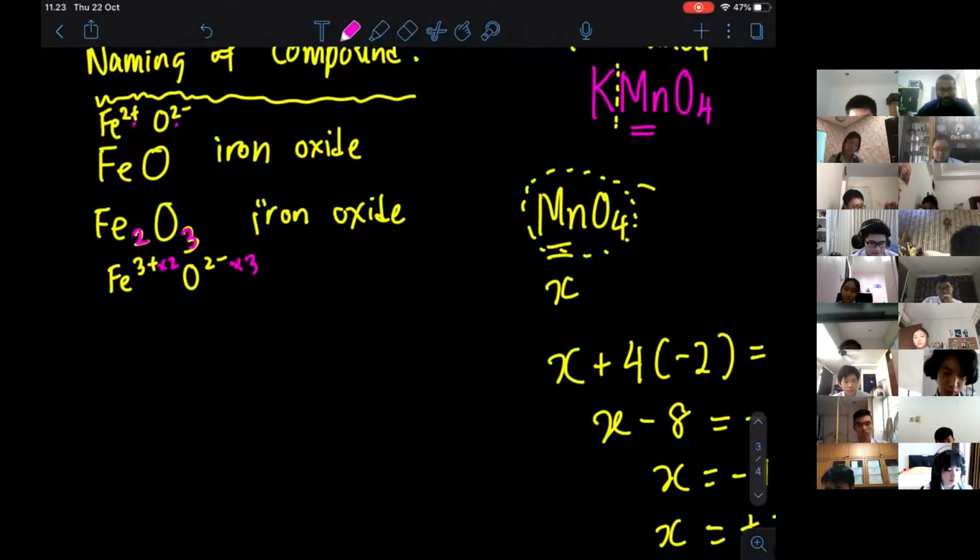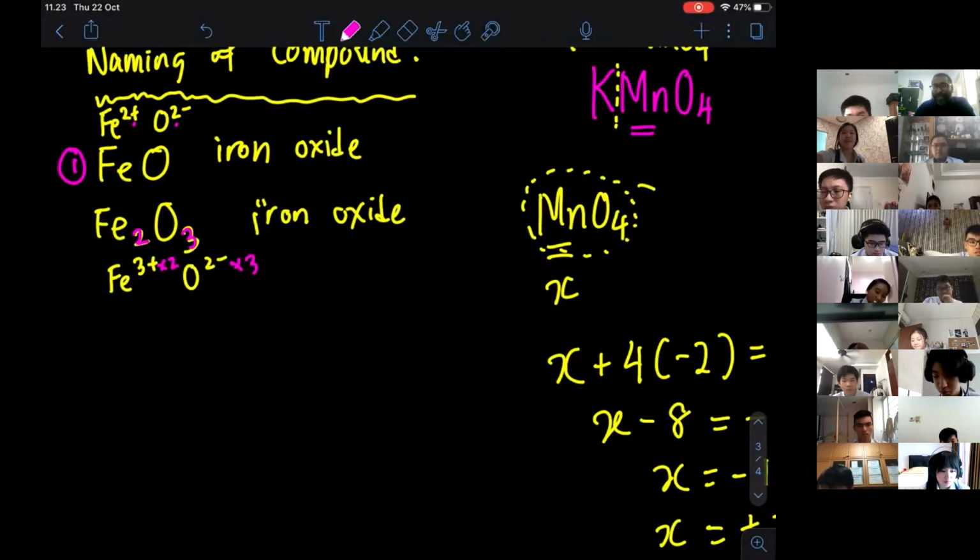If I want to find out the oxidation number of Fe, Sharon, what is the oxidation number for the first one, for Fe only? Not 0, it is plus, in this compound, not when they are alone.